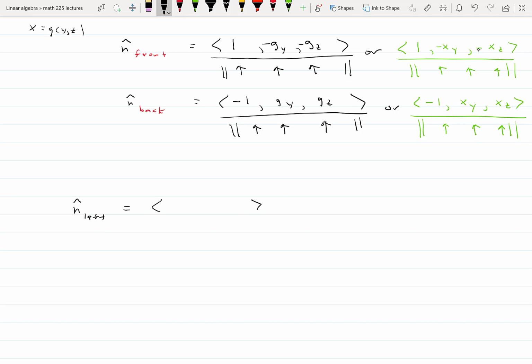Up, down: z direction. Right, left: y direction. Front, back: x direction. So automatically, if I want a unit normal on the left, I want to choose not positive 1 for the y component, but negative 1. Positive 1 would be to the right, negative 1 to the left.